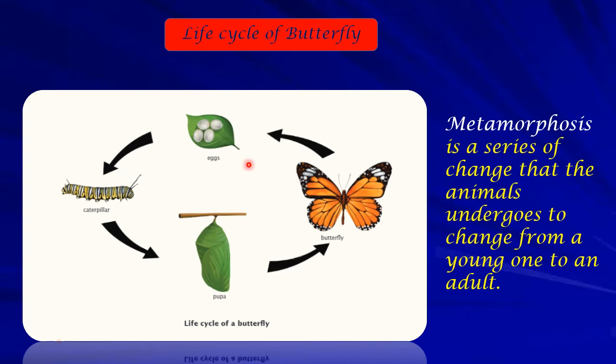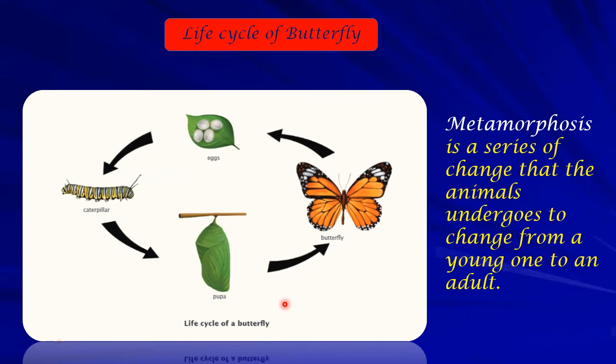Here I want to explain what this term is all about: metamorphosis. It is a series of changes that an animal undergoes to change from a young one to an adult. The animal is not just laying an egg and something coming out of it.